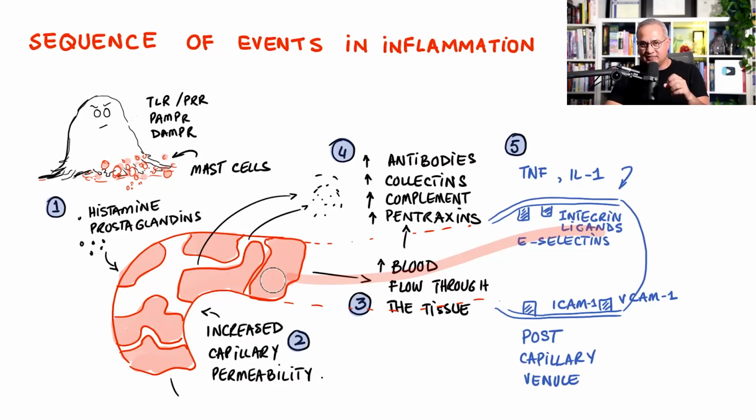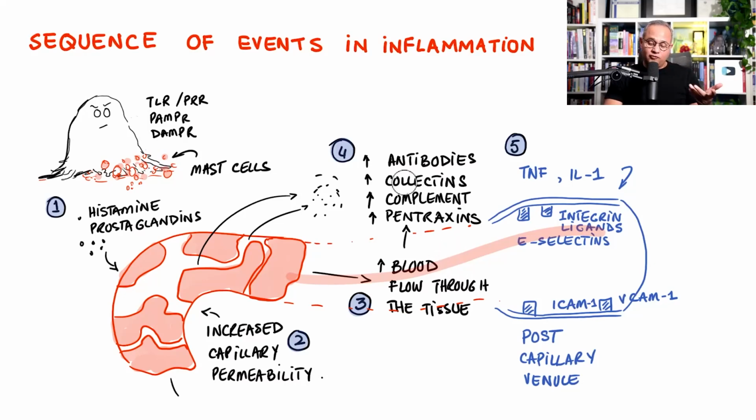This is what causes the local swelling and redness. Because the blood flow increases, that causes redness, and swelling because more fluids exude out of the capillaries. This is called increased capillary permeability. Then of course, as the diameter increases, there is more blood flow in that area as well. That is also what causes swelling.